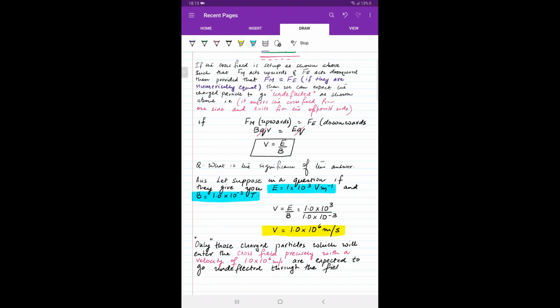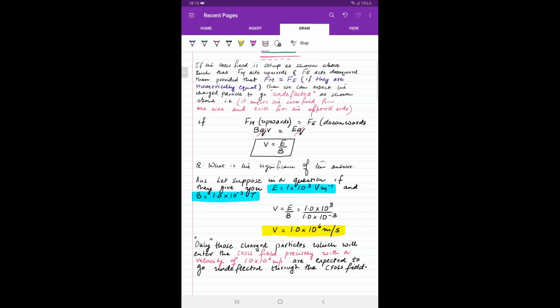Through the cross field लिख देता हूँ पूरा. ठीक है, तो in simple terms आप ये कह सकते हो that the charged particle whose velocity will match with the ratio of E upon B. Charged particles whose velocity will match with the ratio of E upon B are the ones who will go straight undeflected through the cross field.